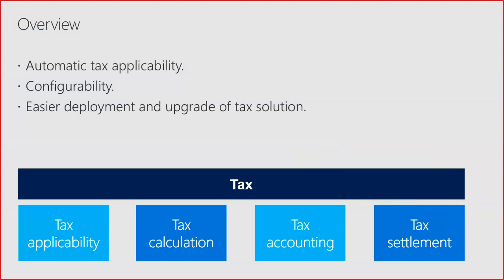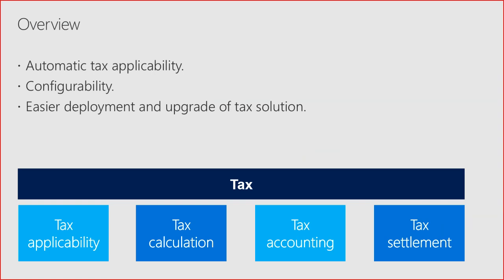So talking about the GTE, basically we bring three main benefits to our customer. The first one is automatic tax applicability. If you are familiar with the old tax engine, there's still a lot of manual work for the user entering the sales document to select or pick up the correct tax code.